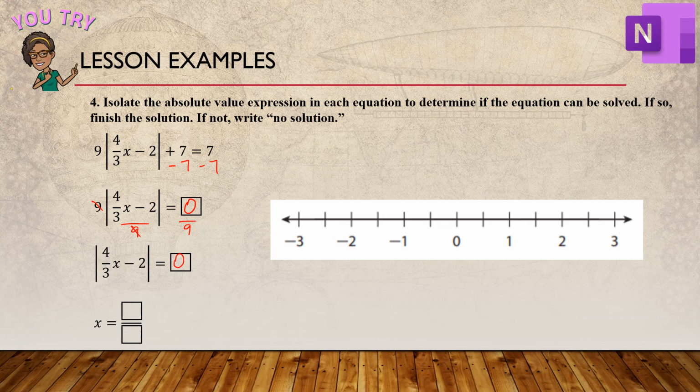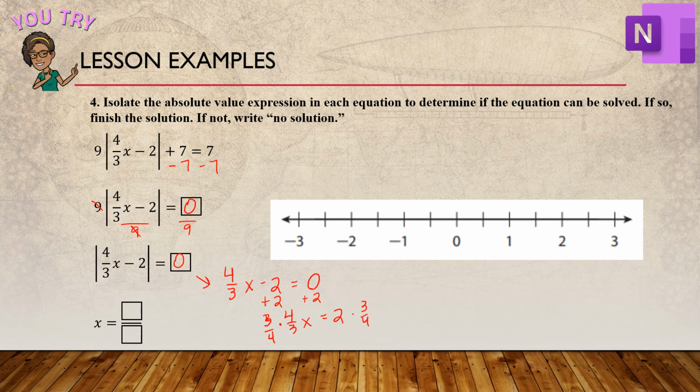If I continue with solving, remember I turn this into just one equation, because 0 is the opposite of itself, so I don't need the disjunction. I'm going to add 2 on both sides, which leaves me with 4/3 x equals 2. And then I'm going to multiply by the reciprocal.